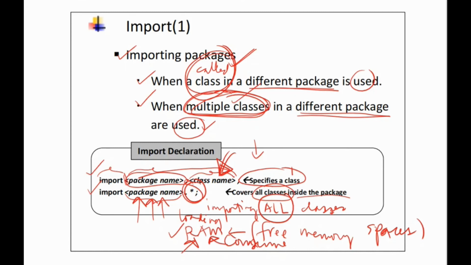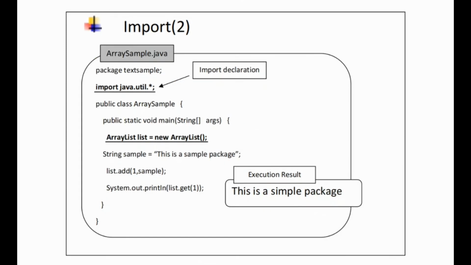And of course, in good programming practice, you are to save memory. As good programmers, you should be very economical with the RAM space. So as much as possible, save RAM space. If you want to access only one or two, then you specify the class name instead of using the asterisk.